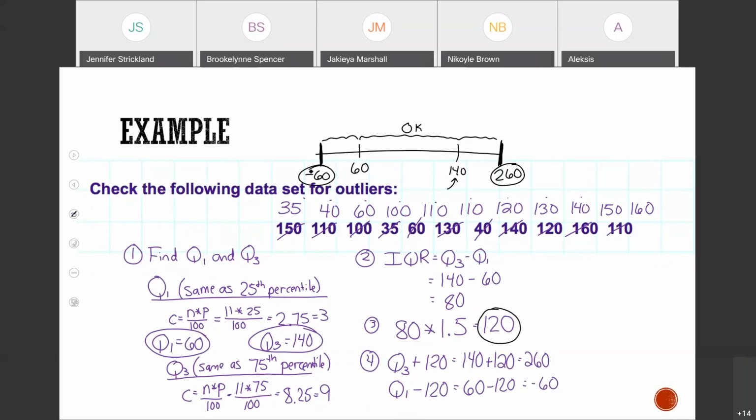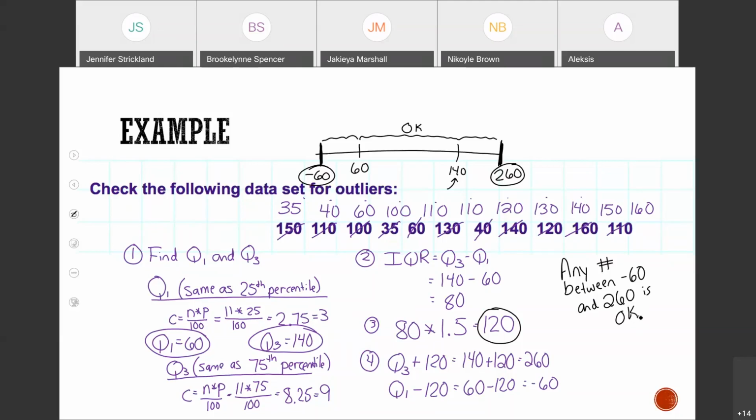So what we've done now is we've said that any number between negative 60 and positive 260 is okay.